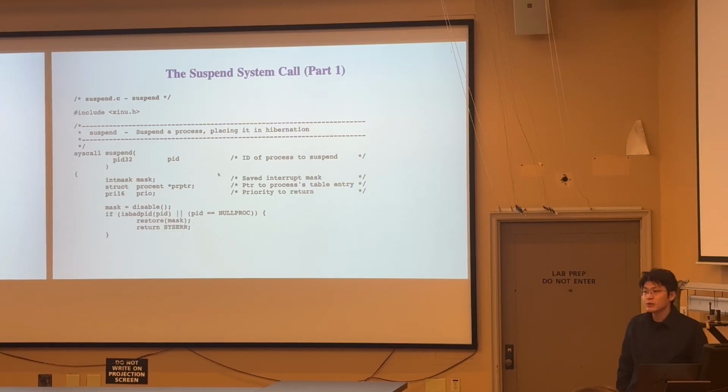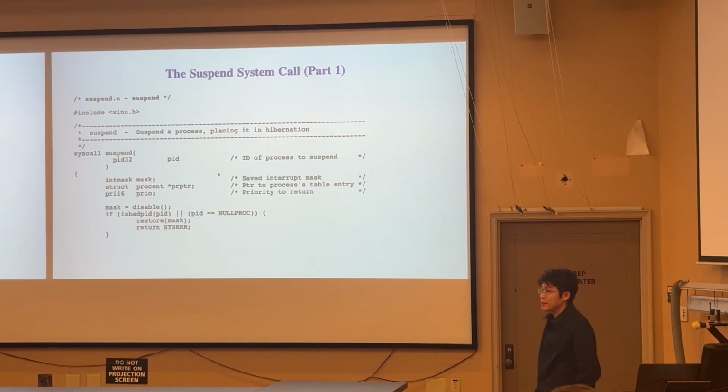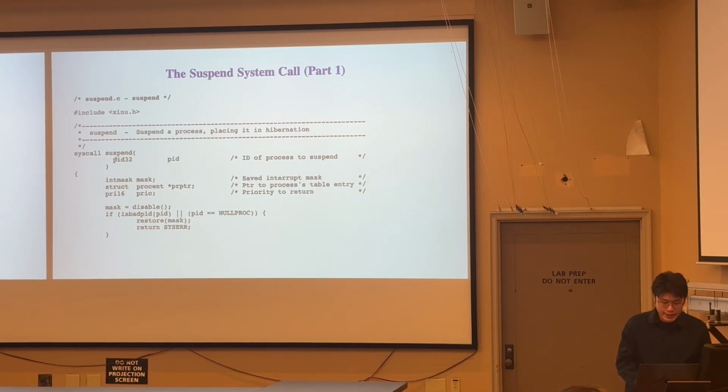Okay, let's quickly go through how suspend is implemented again, just to refresh everyone's memory. Right? This is a suspend system call. You can use it to suspend one process using the process ID as the parameter. Right? And the beginning of this function is very standard. So you use a mask to disable the interrupt, and then you check whether the arguments are correct or not.